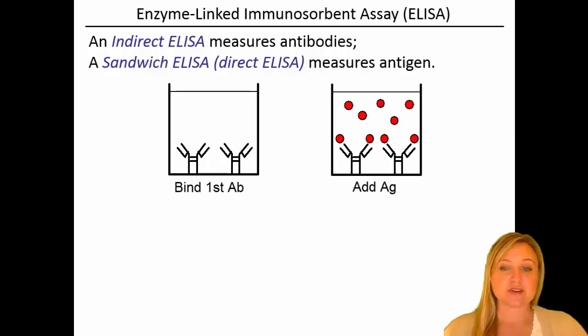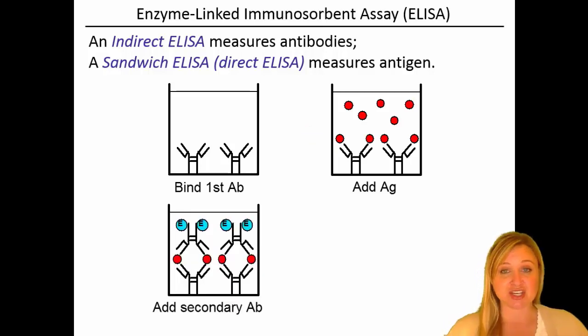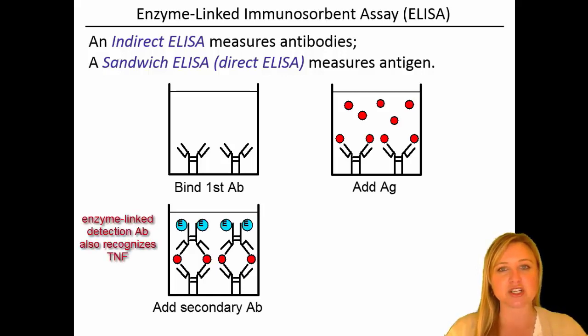So we allow time for the binding to occur, and then we rinse out the patient's sample, and then just like we did before, we add a secondary antibody, which is a detection antibody. In this case, the detection antibody is enzyme-linked, just as it was before, but instead of recognizing the Fc portion of an antibody, it recognizes the antigen that we're measuring here.